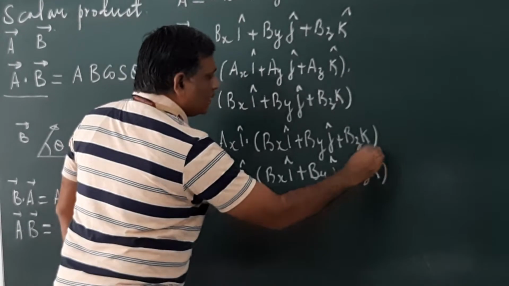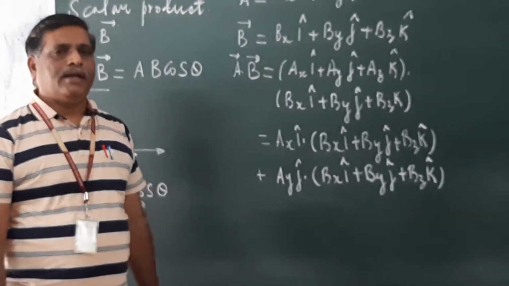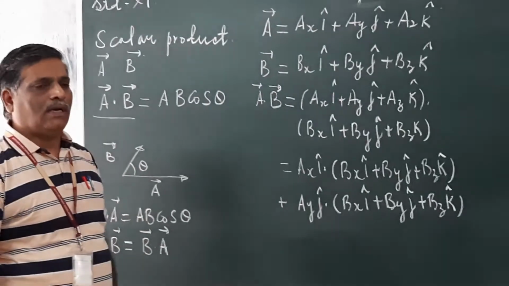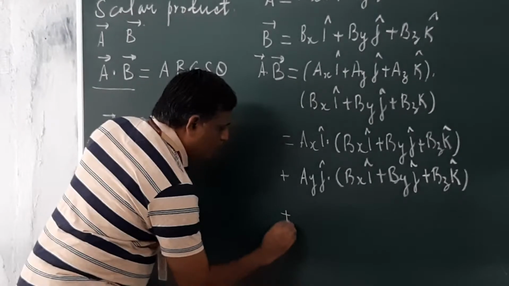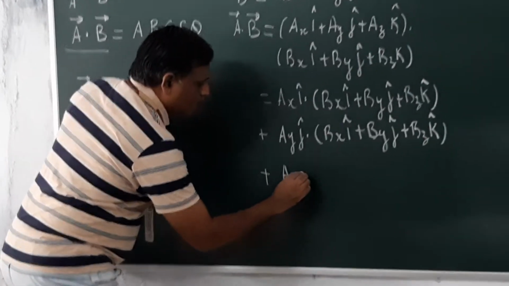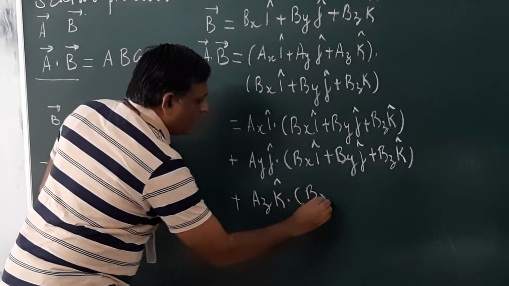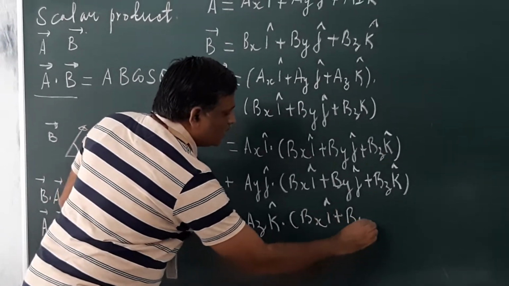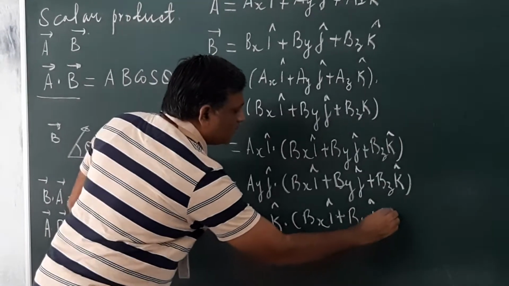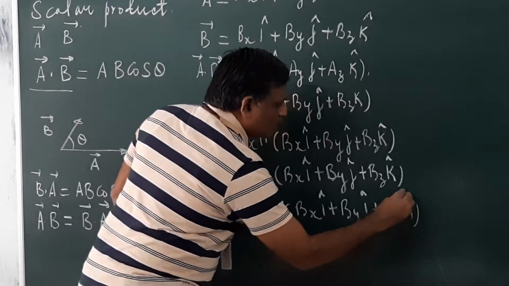i, j, k are the unit vectors along the X, Y and Z directions. Similarly, the third one is AZ k dot (BX i plus BY j plus BZ k). These are together.